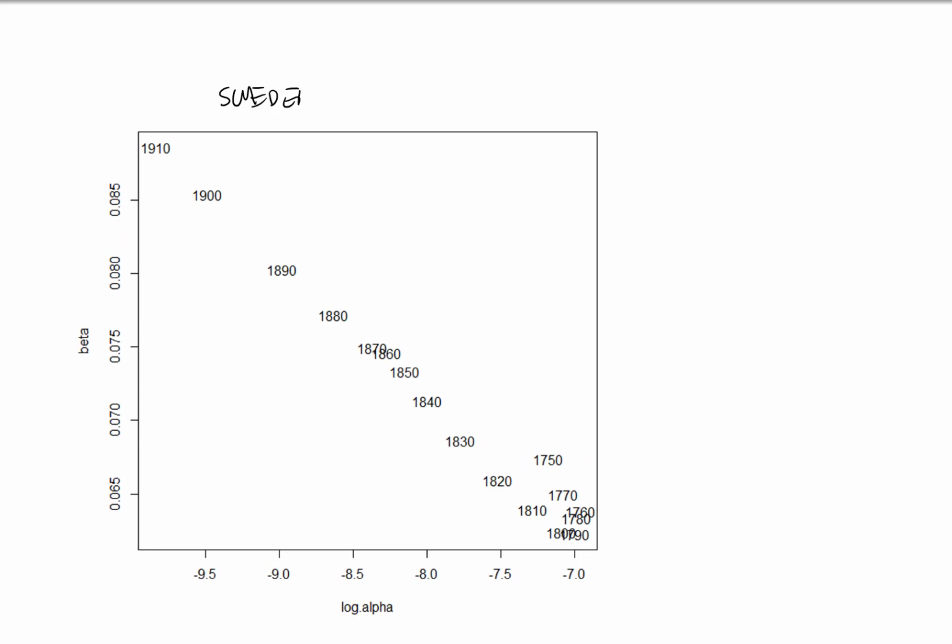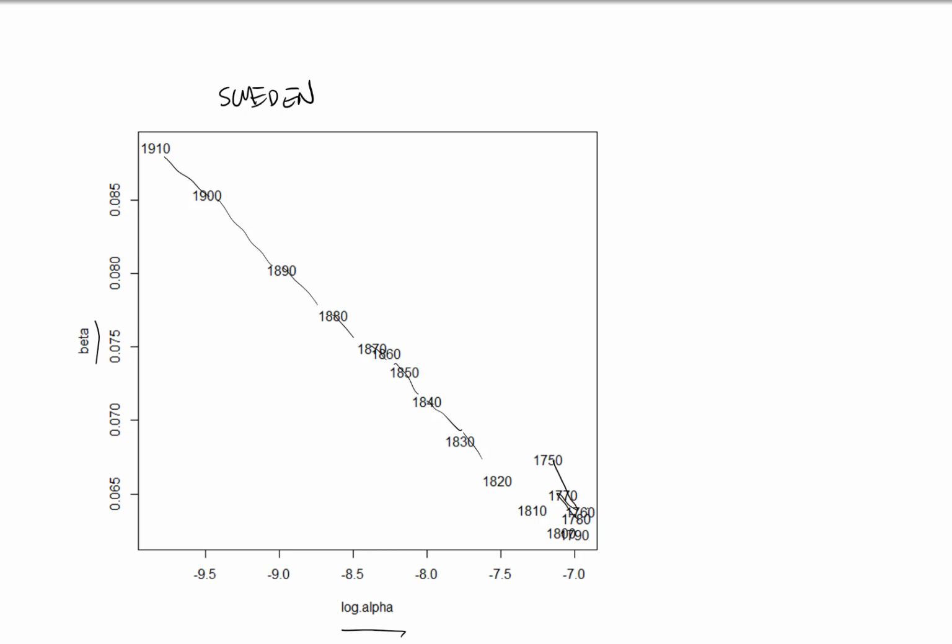I have calculated, based on the Gompertz model, log alpha and beta. And here are the years. I started at 1750, 1760, 1770, 80, 90, 1800, and then you see 1810, 20, 30, 40, 50, 60, 70, 80, 90, 1900, and 1910.